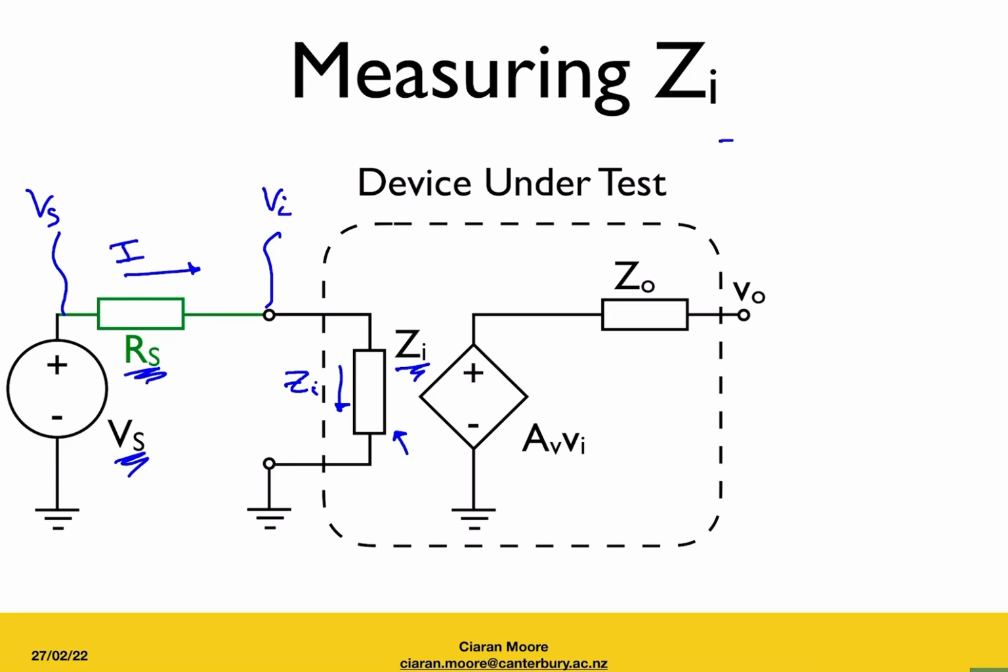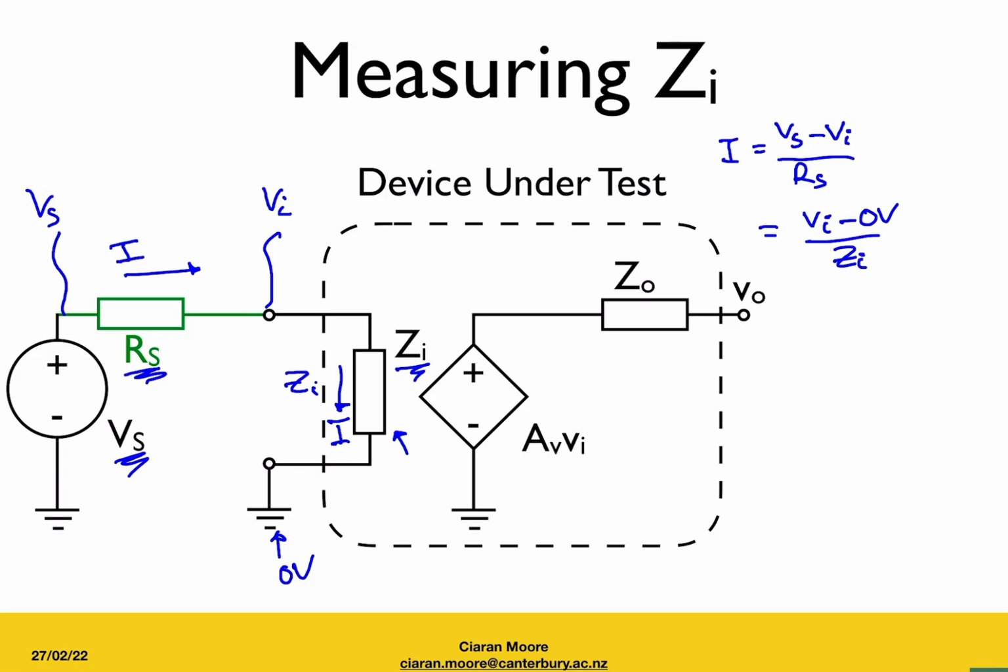We can write an expression for that current. It is going to be the voltage drop across Rs, which is equal to Vs minus Vi, divided by Rs. Alternatively, we could say that the current I is going to be Vi minus 0 volts, because we're connected to ground here, which is 0 volts, divided by Zi.